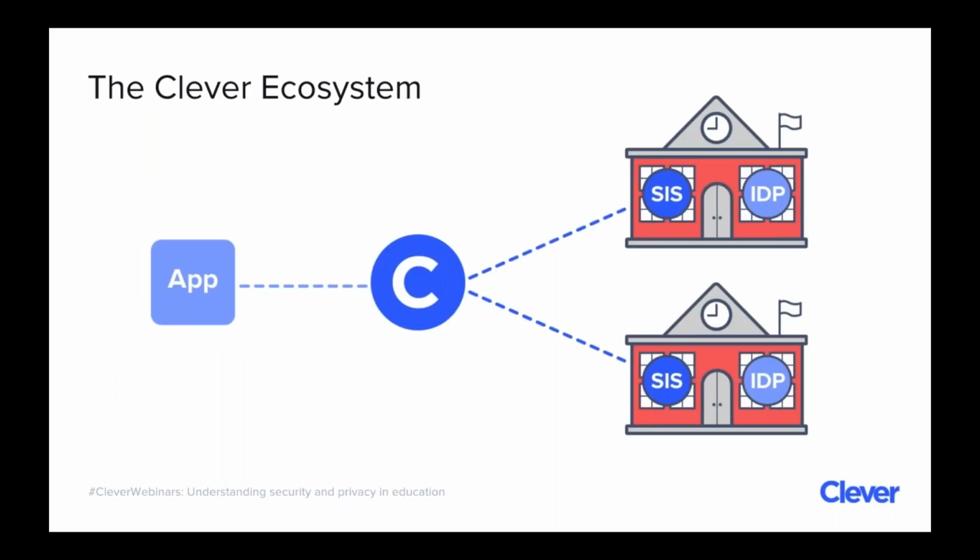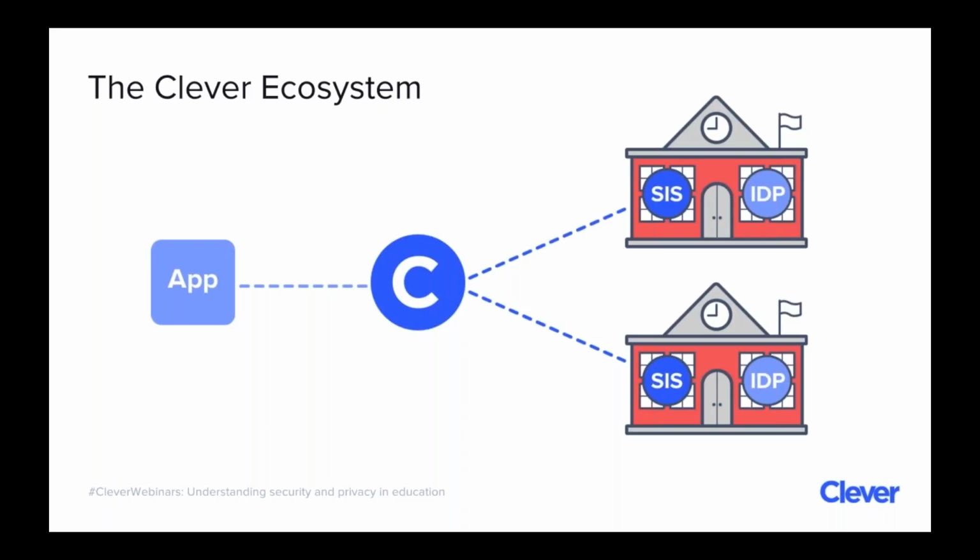All right, so what is Clever? And why are we the ones to talk about security and privacy in education? Well, Clever is an application management platform, and we have two sets of partners. For our district partners, we offer rostering and single sign-on for teachers and students. For our application partners, it's a way for you to securely connect your applications to both student information systems like Infinite Campus or Aries and identity providers like Active Directory or Google.